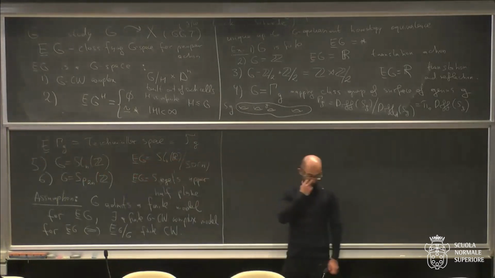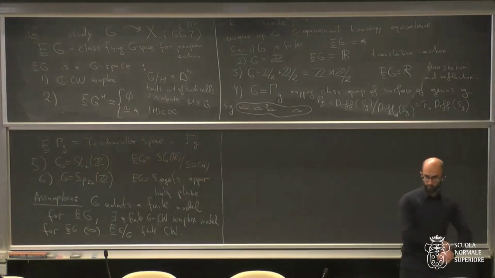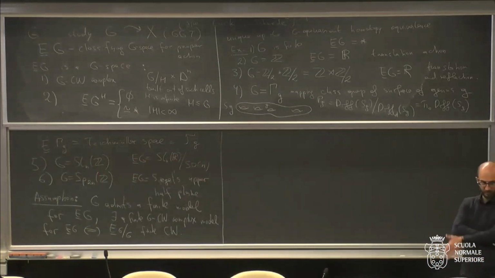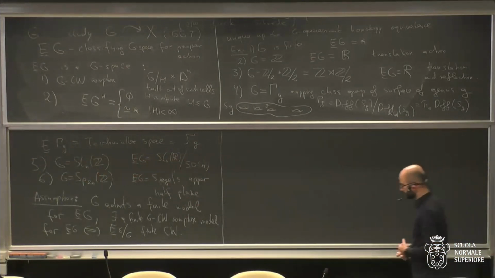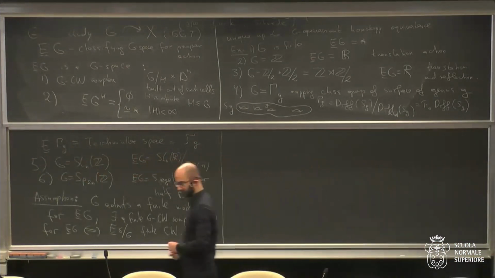Sometimes the terminology here is co-compact, because when you quotient it out, it stays compact. Okay, so that's a finite E-under-bar G for you.